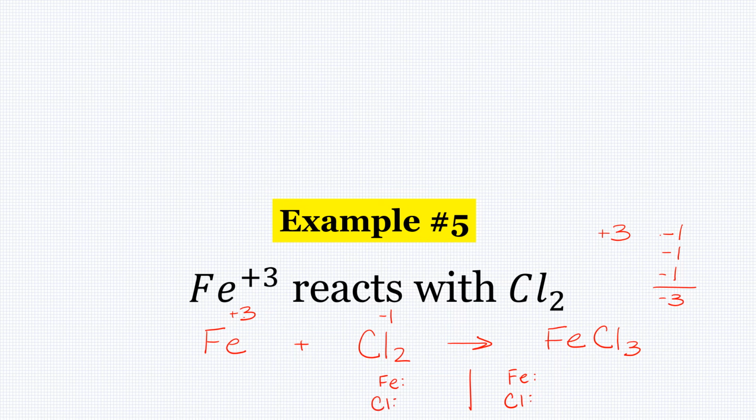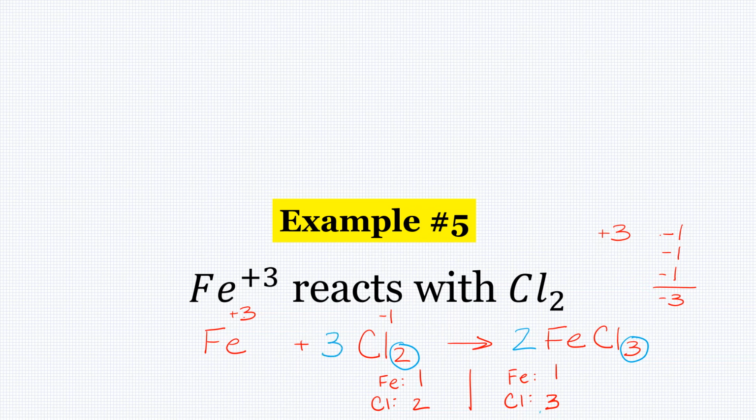Okay, on the reactant side, we have 1 iron, 2 chlorines. On the product side, we have 1 iron, 3 chlorines. So to balance this out, I see 2 and 3 here. Just like in the previous example, we want to get these to cancel out. So the least common multiple is 6. I'm going to multiply my entire product side by 2, and then I'm going to multiply chlorine on the reactant side by 3.